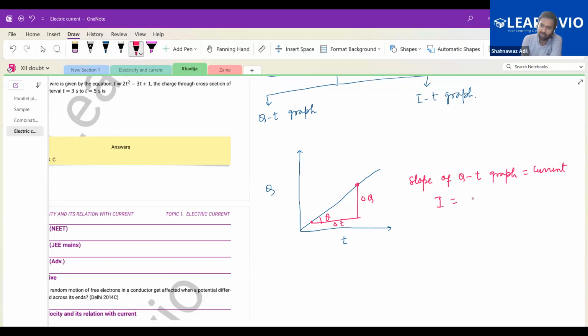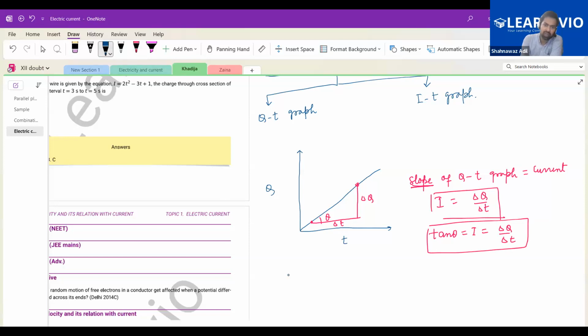So I is delta Q by delta T. Whenever you have a charge-time graph, you calculate the slope and you will get the current. This is also equal to tan theta. So tan theta is current, which is delta Q by dt. So this is the charge-time graph.